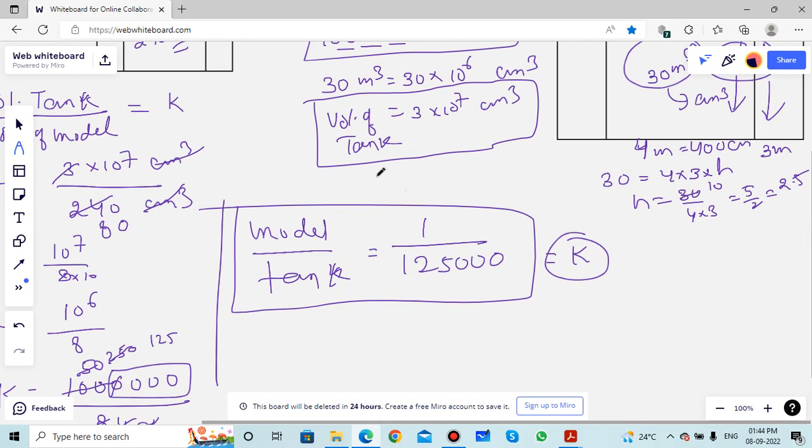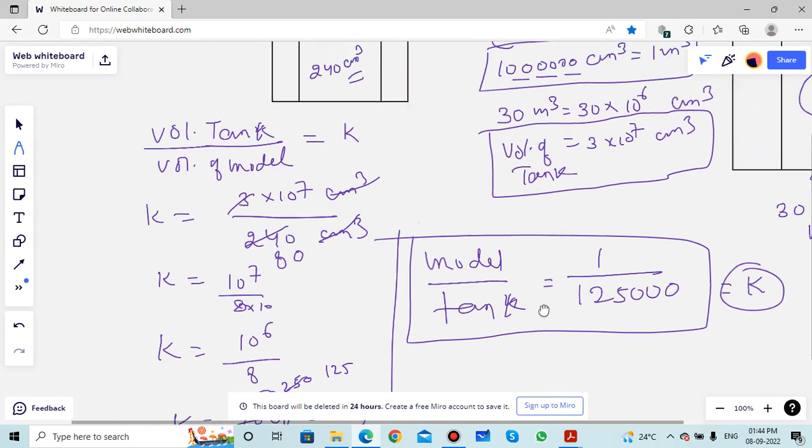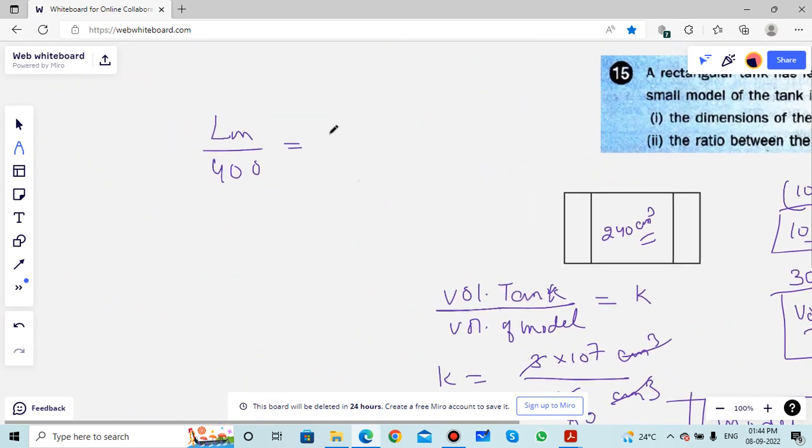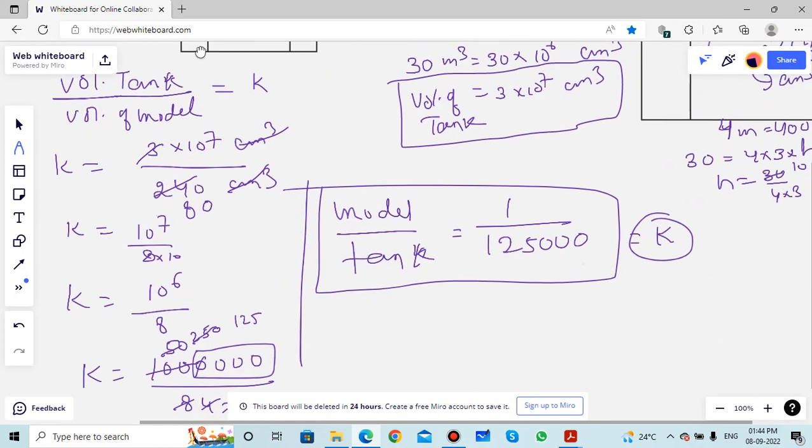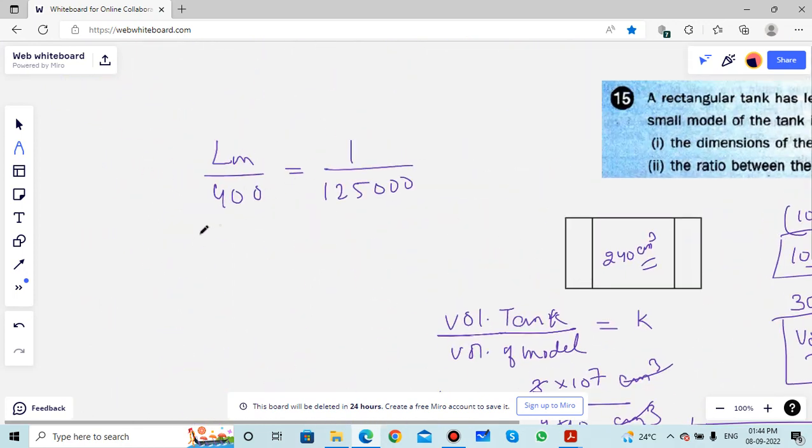So smaller is 1, and the bigger is 1 to 5000 scale factor. Okay, so this will be 1 upon 125,000. Am I right? Yes. Okay, so length of the model here will be equal to 400 divided by 125,000.